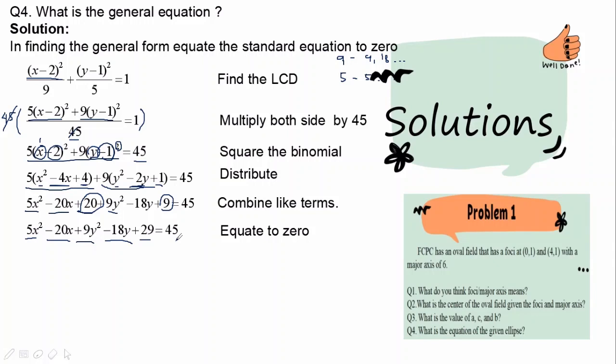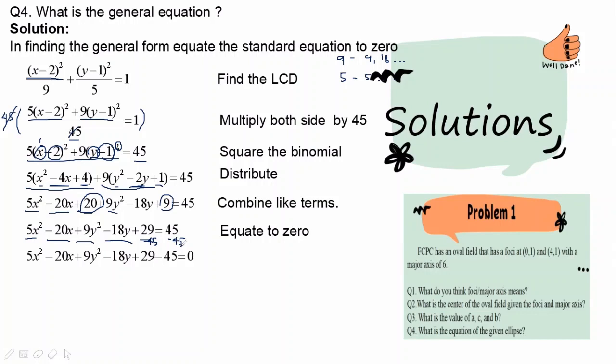When we say equate to 0, we will transpose 45 to the left side, or we will subtract 45 from both sides. So minus 45 on the right side, minus 45 also on the left side.